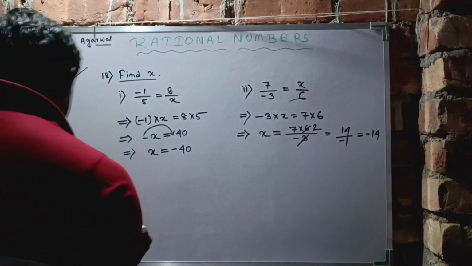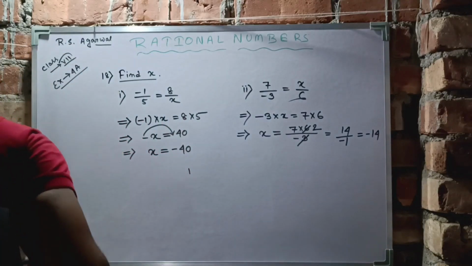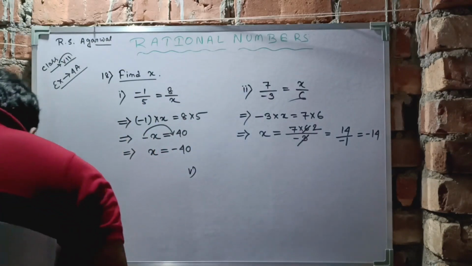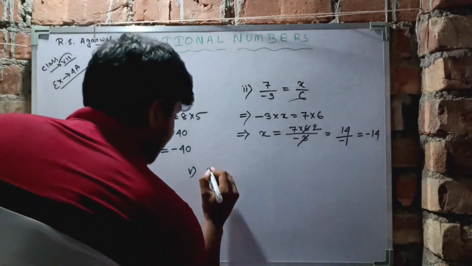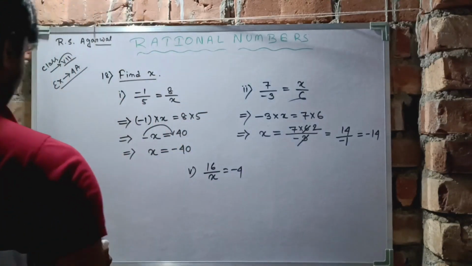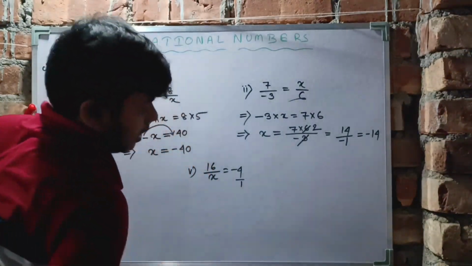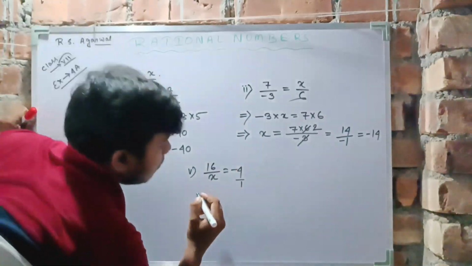Now problem number 5. Problem number 5 says that 16 by x is equal to -4. We have to calculate this. Let us consider here is a 1, here is a 1 under -4.